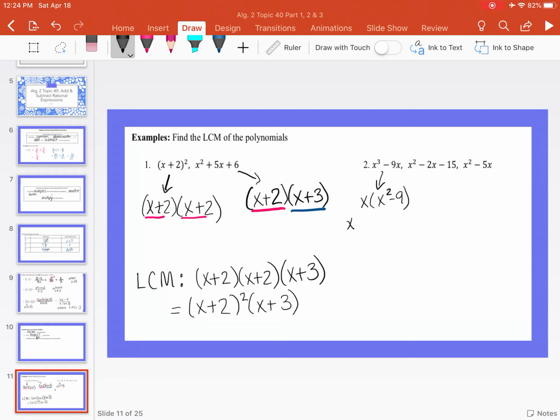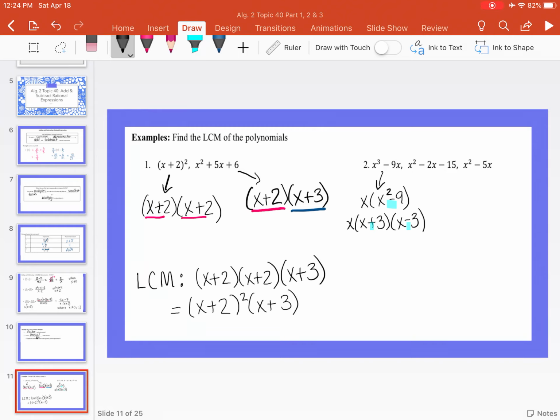So we can break this apart even further to be x times x plus 3 and x minus 3. Now this is called difference of squares because we're literally dealing with a difference here. We're dealing with subtraction. We can also think about it, difference, we're dealing with different signs. x plus 3 and x minus 3.